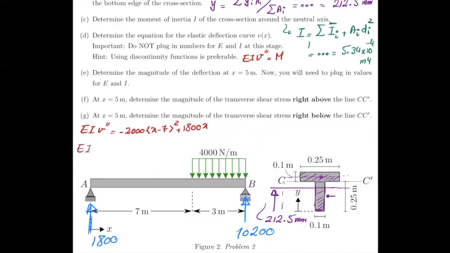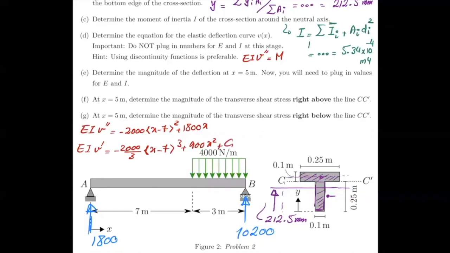So EI V prime would be minus 2000 divided by 3, (x minus 7) to power 3, plus 900 x squared plus, again, let's say now a C1, which later we define from a boundary condition.